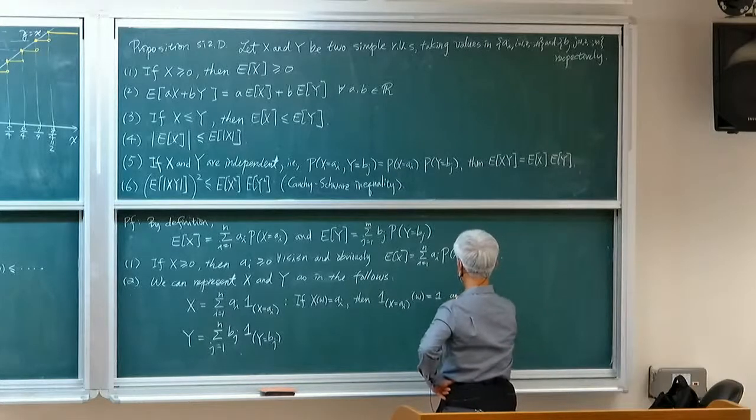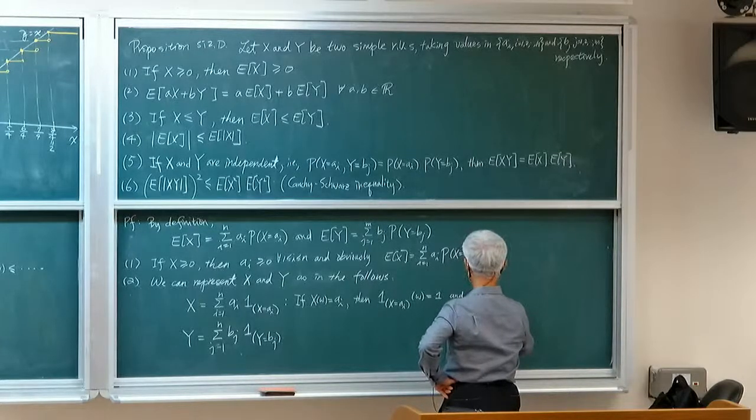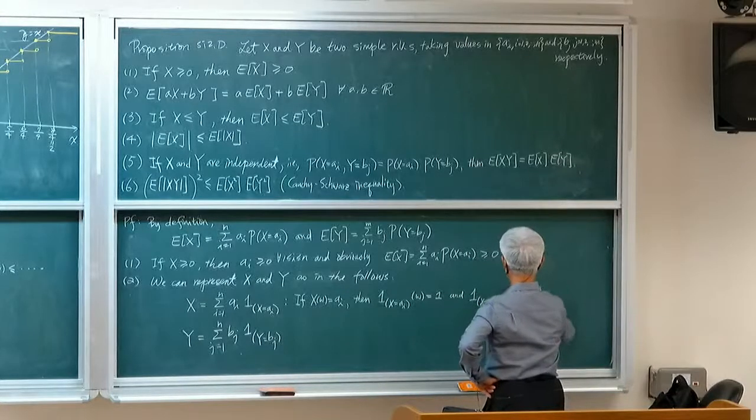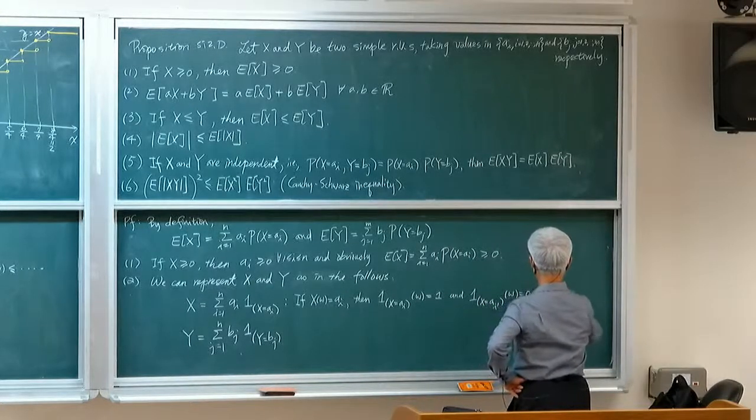And the indicator of X equals ai' at omega is 0 for all i' not equal to i.